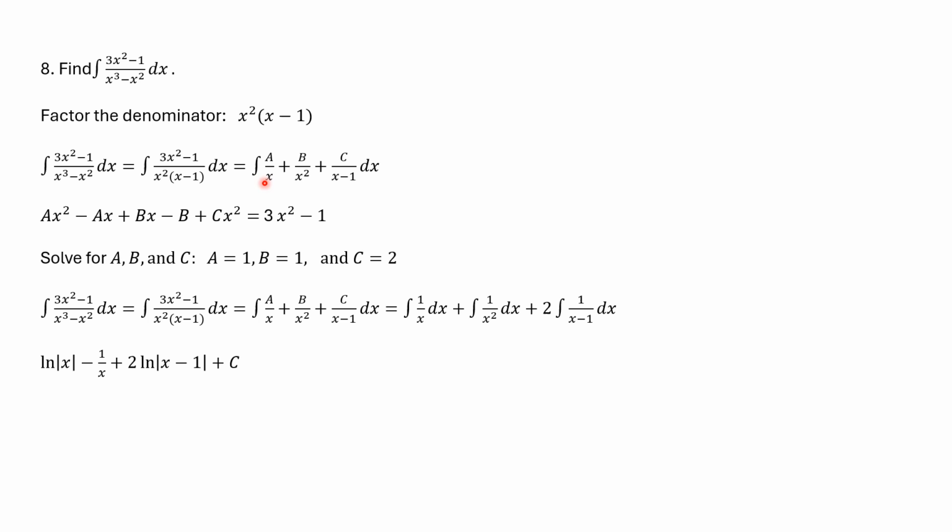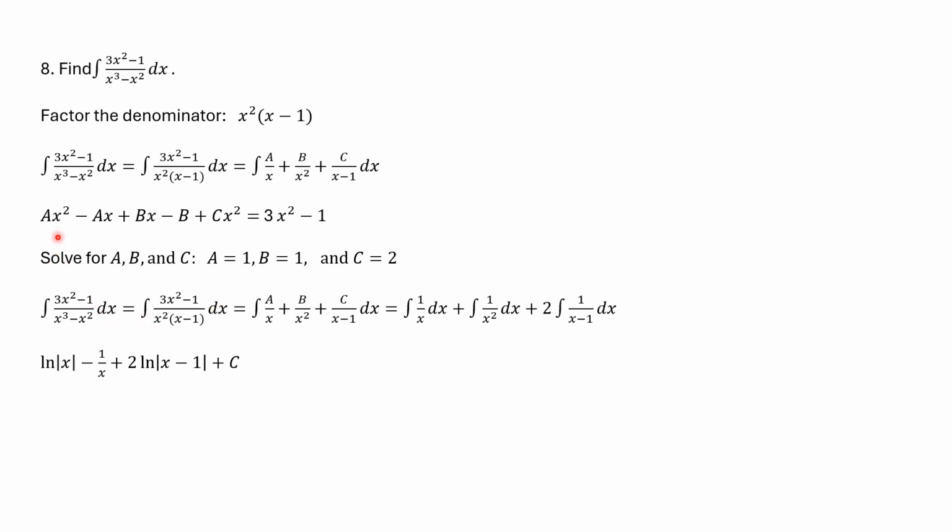And that will be the integral of a over x plus b over x squared plus c over (x minus 1). Well, the x squared is repeated, so I have a over x and b over x squared.